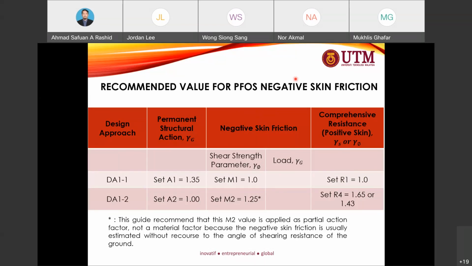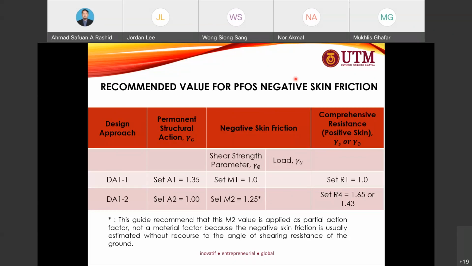For the shear strength parameter, for the M1, no difference. For the M2, the difference will be with an asterisk: the guide recommended that it be exhibited as a partial action, not a material factor. So there is an asterisk there for the material shear strength parameter, which is 1.25.